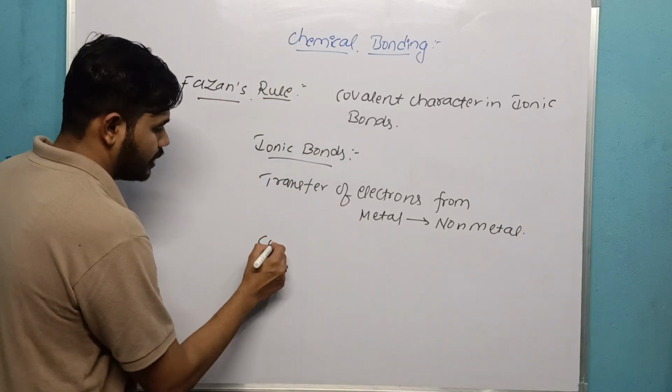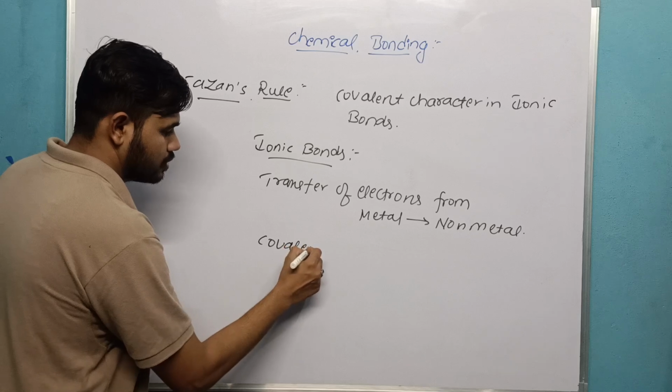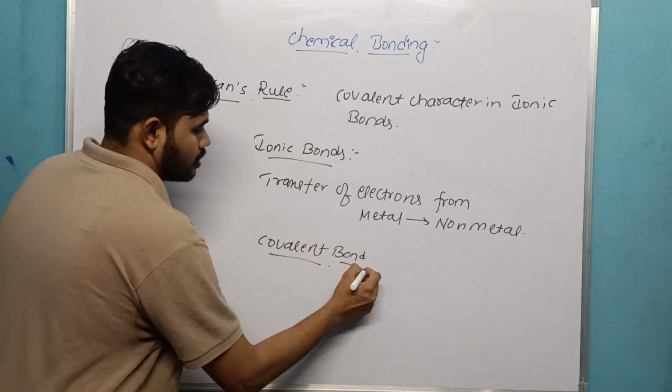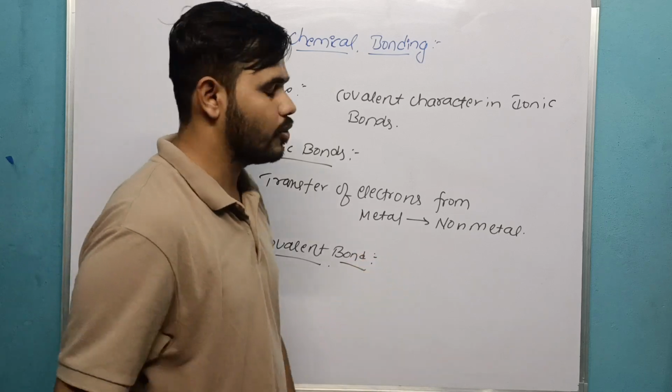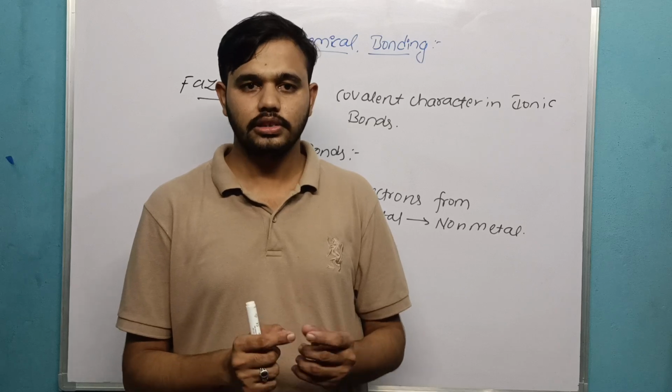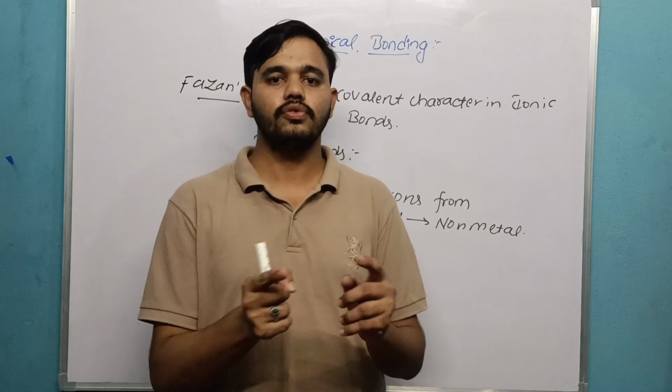While coming to your covalent bond, we have already read that covalent bond is formed by mutual sharing of electrons.